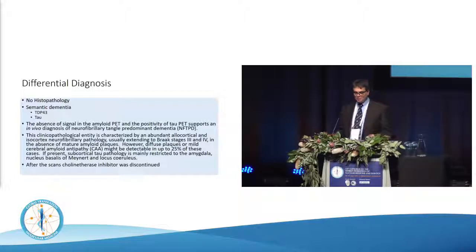This clinical pathological entity is characterized by abundant allocortical and isocortical fibrillary pathology, usually extending up to Braak 3 or 4, in the absence of mature plaques. Because again, with amyloid, we can only see a specific type of mature plaque. And in up to 25% of these individuals, they have some deposits of amyloid, but this amyloid is invisible to amyloid imaging.